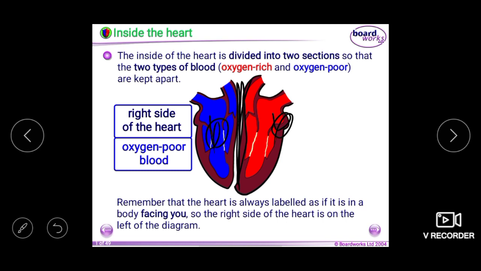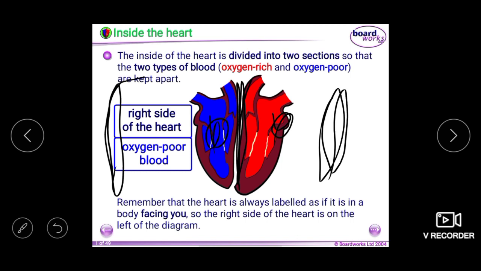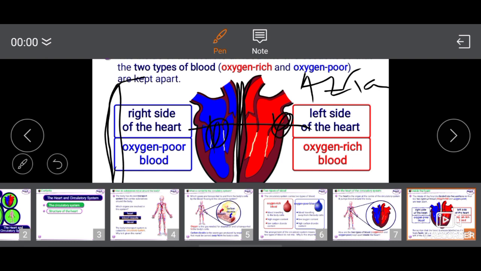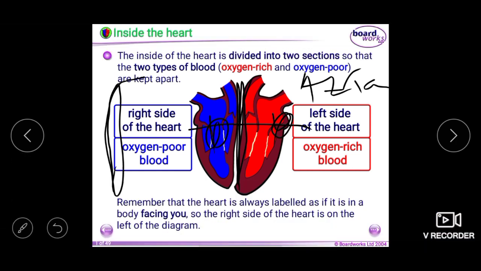Remember, this part here is called the right side of the heart because this person is facing here. Then this is called the left side of the heart. The upper parts of the heart are called atria, but when it is one, we say atrium.